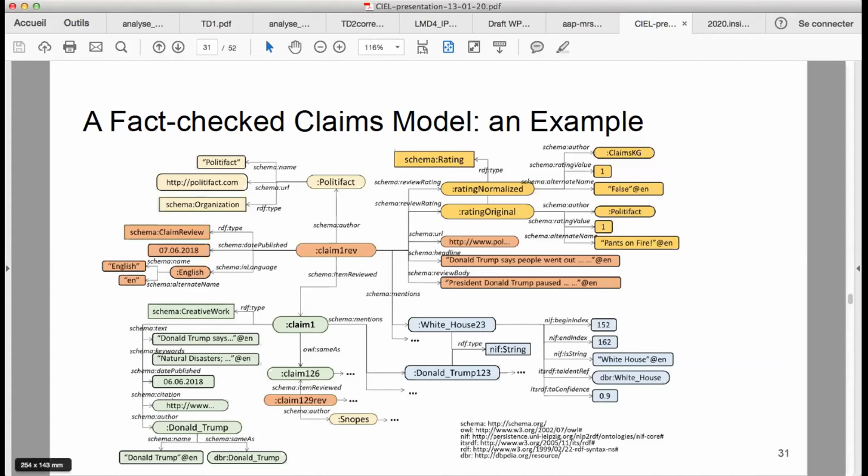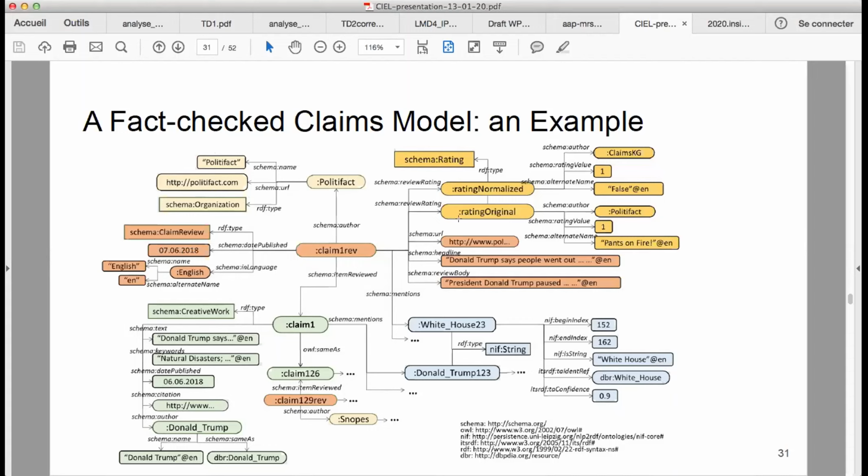The date that it was published, some references to external resources, well, the author, which is linked to other sources like DBpedia, for example. And then we will have information about the fact-checking website which has reviewed the particular claim. For example, we have the URL of the fact-checking organization, its name, the date when it was published, the language in which it was published, and so on.